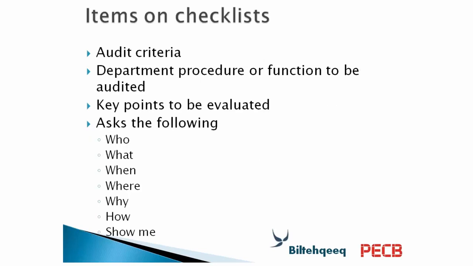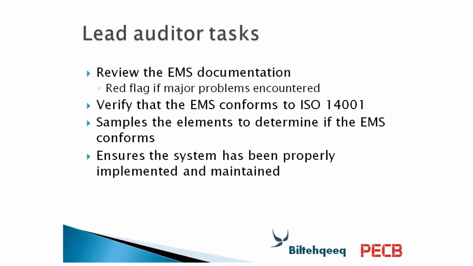So in the audit checklist, you have to describe the audit criteria and the departments you will audit, and you will ask in the following way: who, what, when, where, why, how, and show me. You will ask each and every question in your checklist, so any activity will be evaluated in a proper manner.